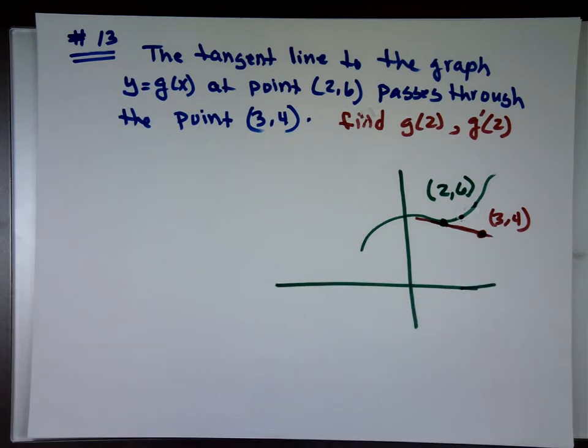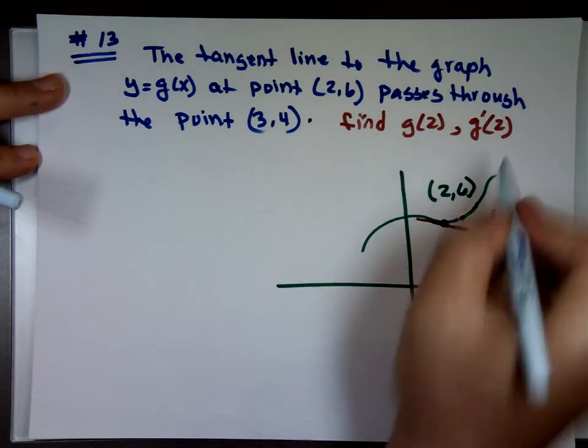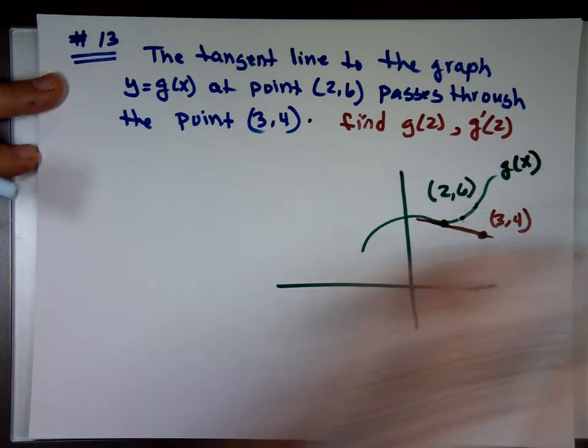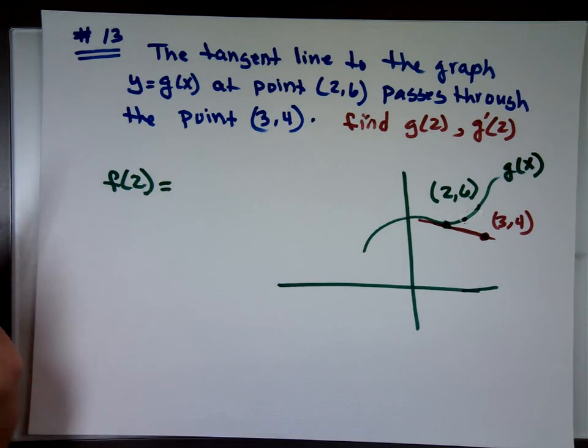And the first question, what is the value of the function at 2? This is the function g. I'm looking at the green line. When x is 2, what's the y value? 6. Part A is done.